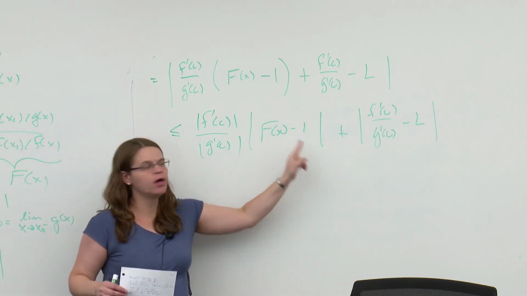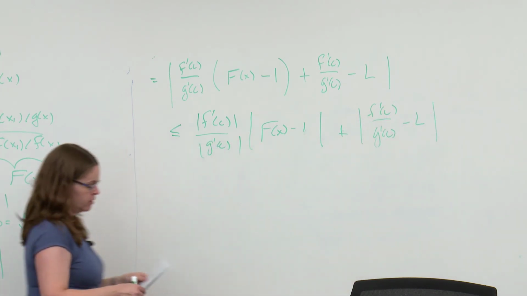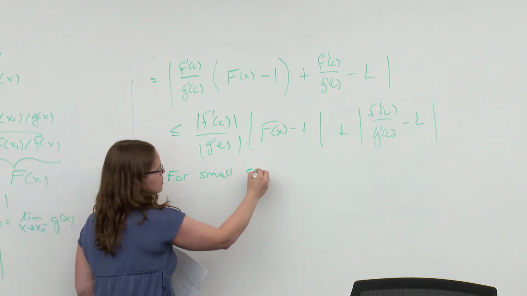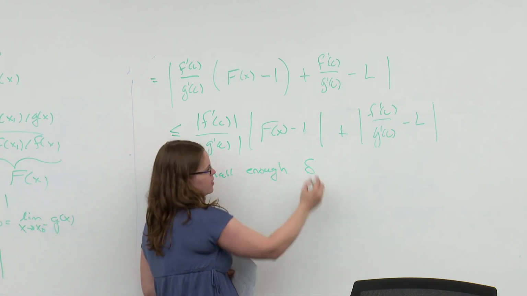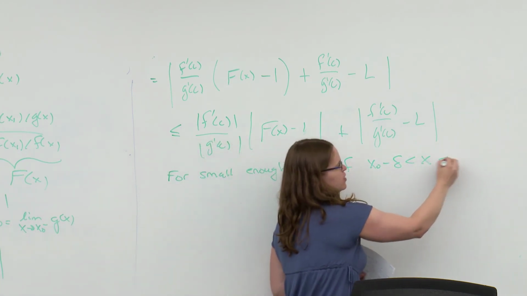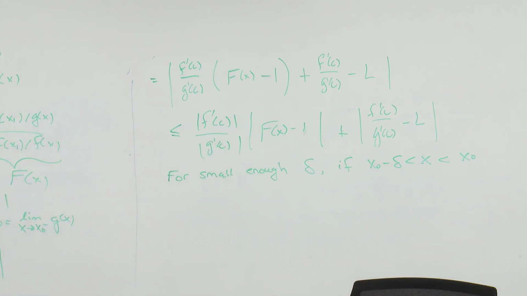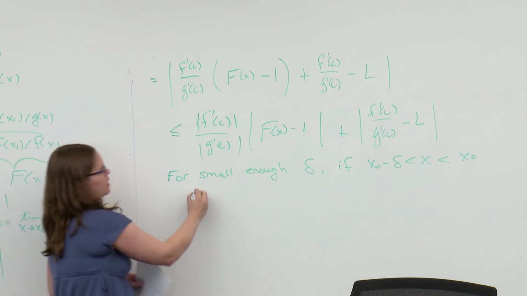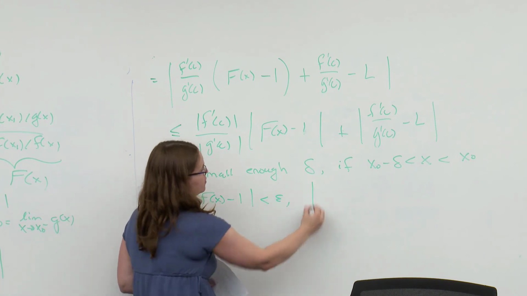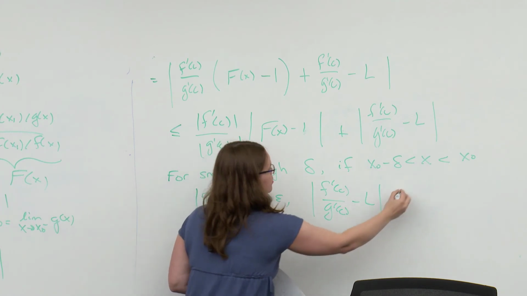That means this term is small. This we know approaches L. That means this term is small. So I can say, for small enough values of delta, if x is within this little delta neighborhood, I'm going to have that capital F of x minus 1 is less than epsilon, and I'm going to have that f prime over g prime minus L is less than epsilon.